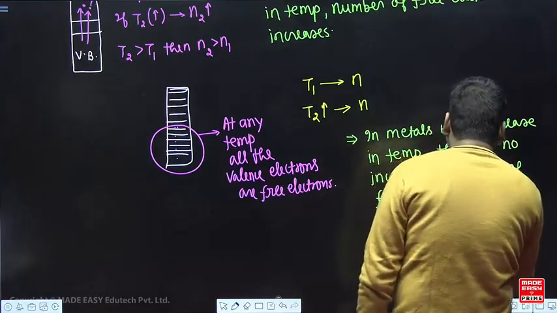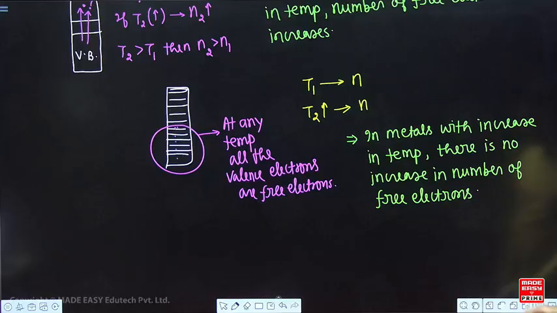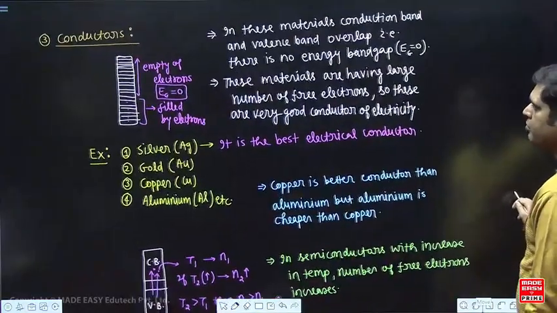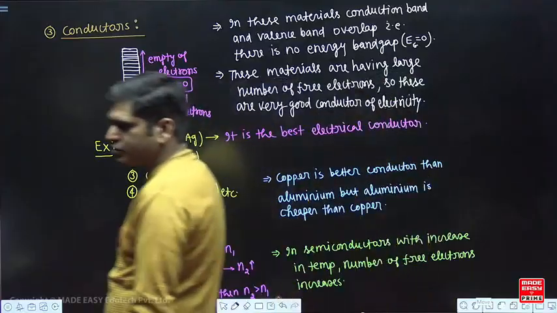Metals में टेम्परेचर इंक्रीज करने से फ्री इलेक्ट्रॉन की संख्या में कोई वृद्धि नहीं होगी. There is no increase in number of free electrons by increasing the temperature. Please note it down.